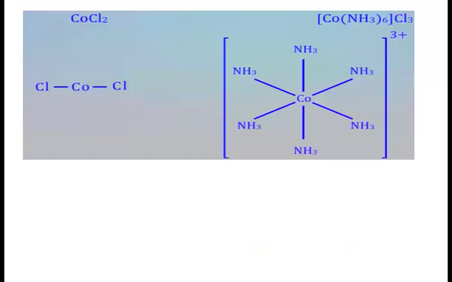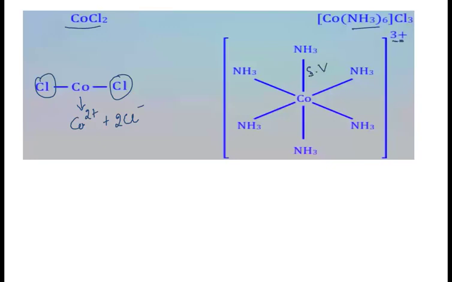The same example you can see in this CoCl2. This Cl will ionize, as a result this will form Co2+ plus 2Cl-, right? So this is for simple species, and for complex you can see in this case cobalt is bound with 6 NH3, so this constitutes secondary valency, right?